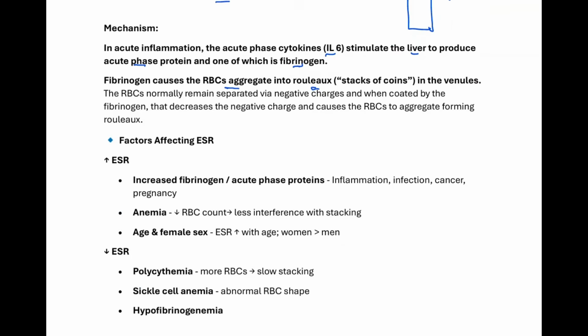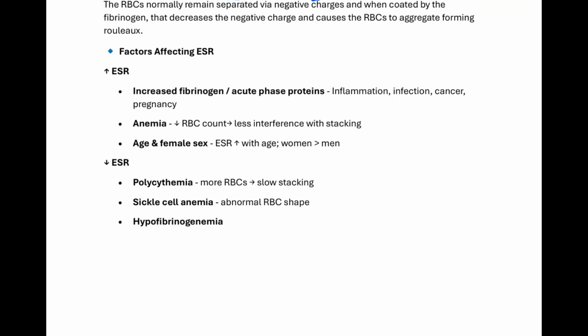So let's see the factors that are affecting ESR. What are the factors that increase our ESR? So think of inflammation, right? Infection, cancer, malignancy, right? Malignancy, infection, inflammation, all of this could increase acute phase cytokines. And then the other one is also estrogen, or if somebody is taking the oral contraceptive pill. And what's common to both pregnancy and the oral contraceptive pill is the estrogen.